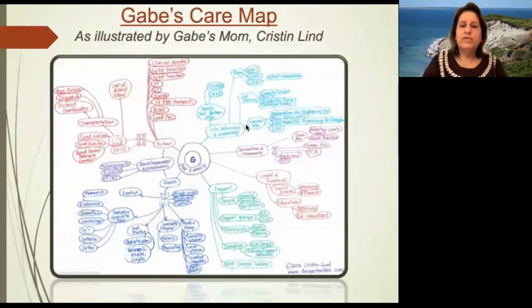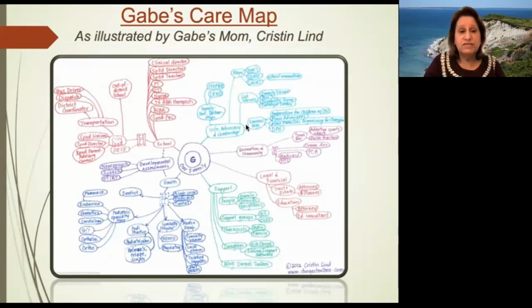So let's talk about where this came from. This is Gabe's care map. His mom, Kristen Lynn, actually gave birth to this care map. Her child had many complex health challenges and worked with doctors at Boston Children's Hospital to understand all of the complex services that her child needed and everything that their family had to be a part of.